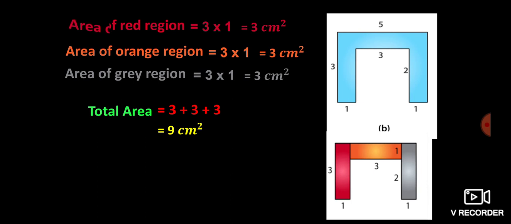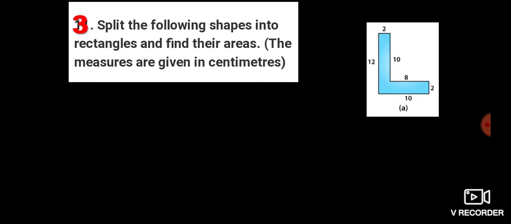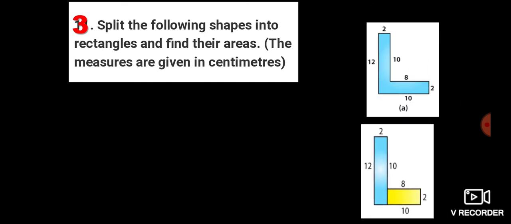Next let's move to our last question. This type of question, split the following shapes into rectangles and find their areas. Very simple question. An L-shaped figure. We split this into 2 rectangles like this. Here you can see length 12, breadth, that is width 2. Here the first rectangle 12 into 2. Second, if we take this region, total this is 10.